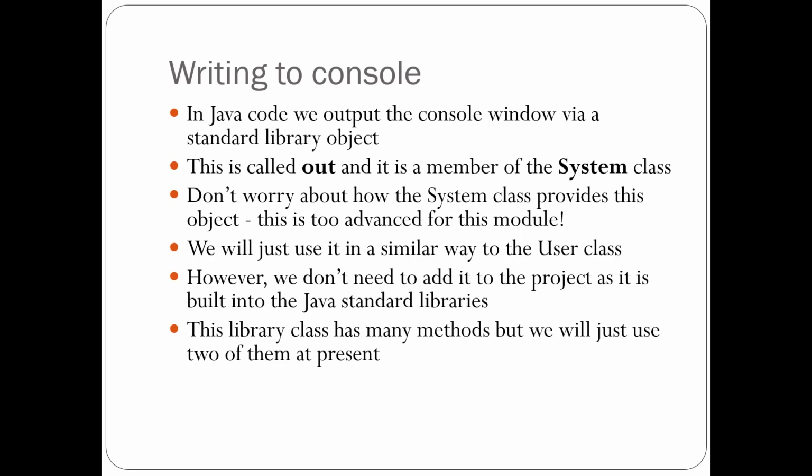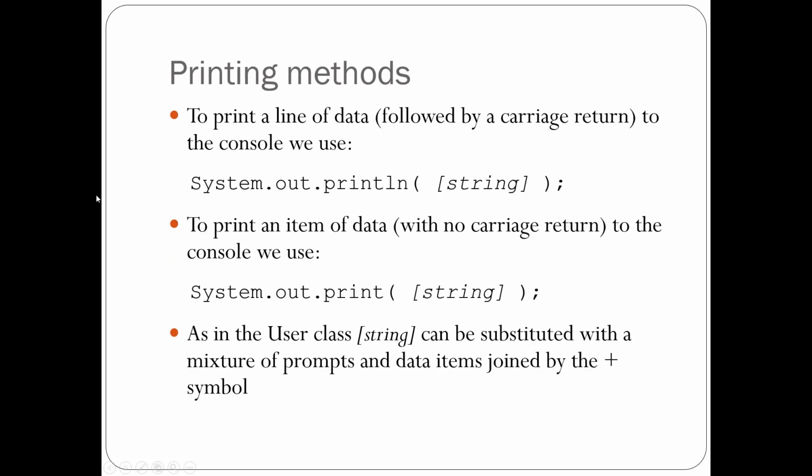We just use them as standard commands. The 2 commands that we're going to use are called system.out.println, which allows us to write a string to the console window, but system.out.println adds a return onto the end of the line. So it writes a line out and then effectively presses return at the end of the line.